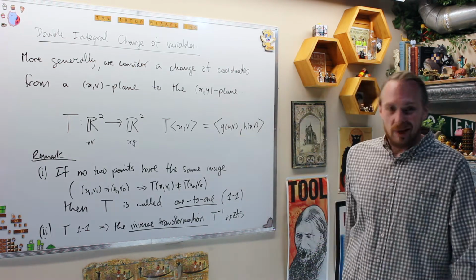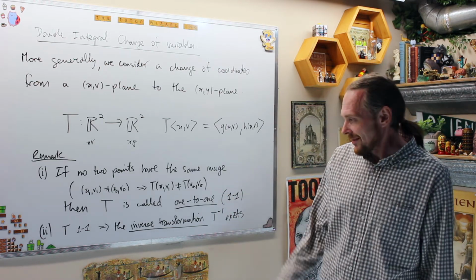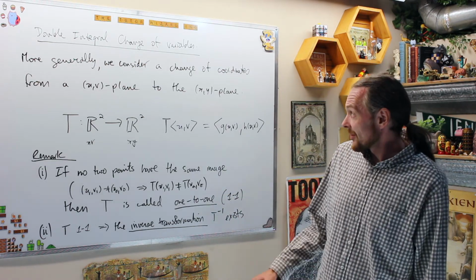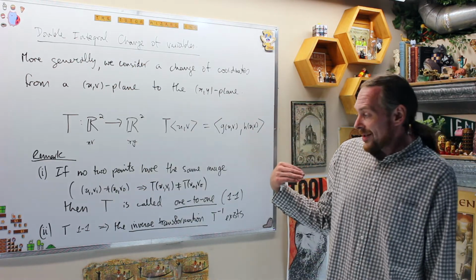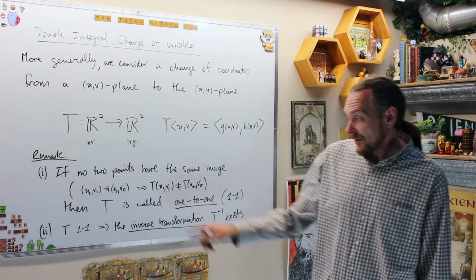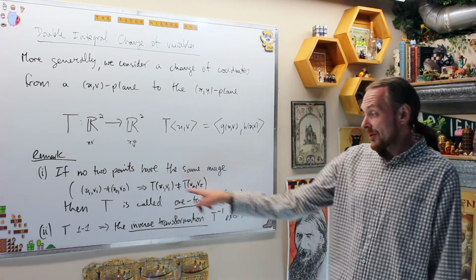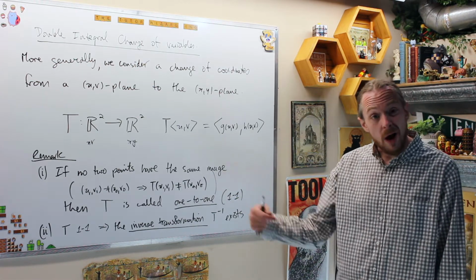The things I want to recall from linear algebra that we're just going to quickly use for change of basis or change of coordinates is this: if no two points have the same image, i.e. if (u1, v1) is not equal to (u2, v2), then their images are not equal to each other either. We call that transformation one-to-one.